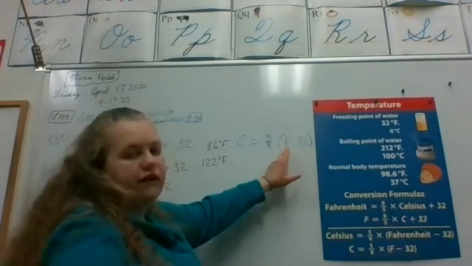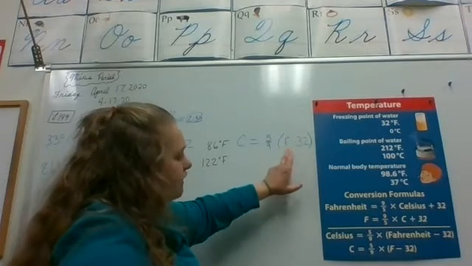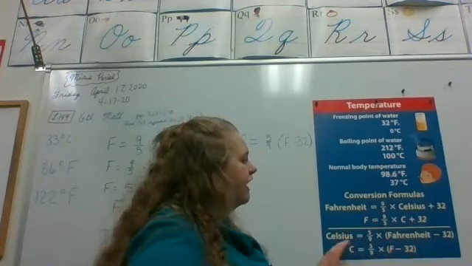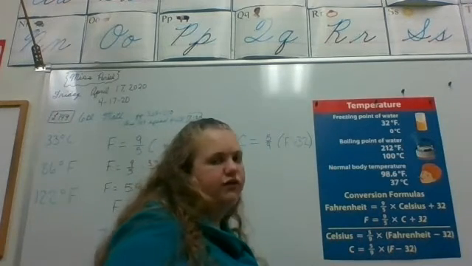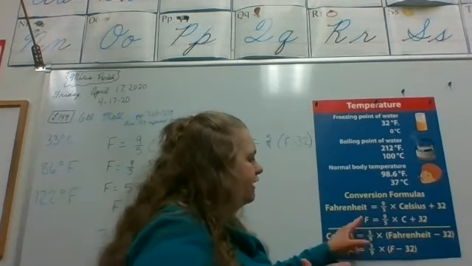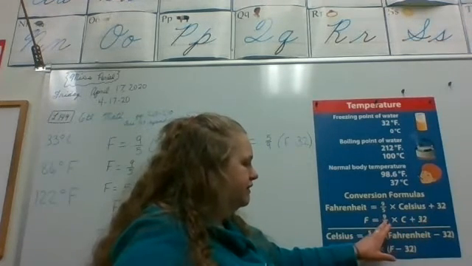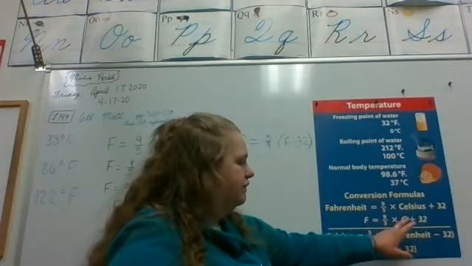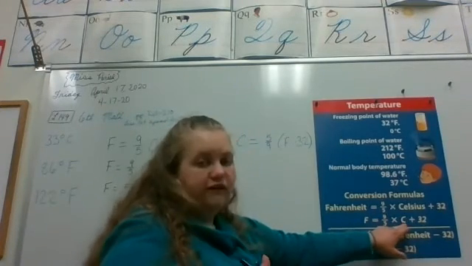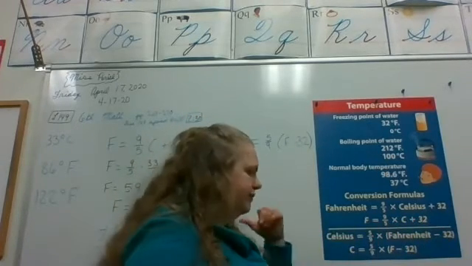So now we have the number here. We have our Fahrenheit number, so we're going to Celsius. We're converting Fahrenheit to Celsius. We want the Celsius, okay? So whatever letter is on the outside is what we're looking for, right? So F is equal to 9/5 times C plus 32. That means that 9/5 times C, we are given the Celsius, we multiply that, then we add 32 like we just did.